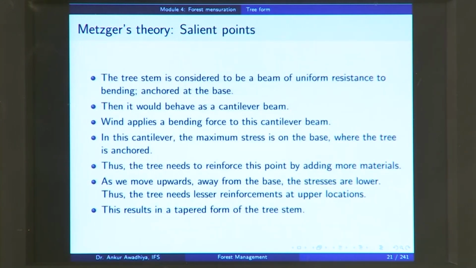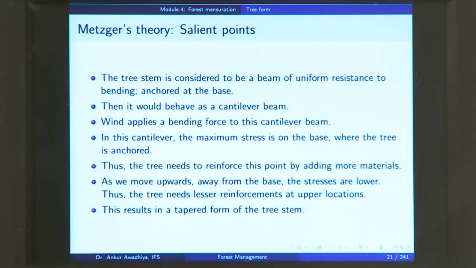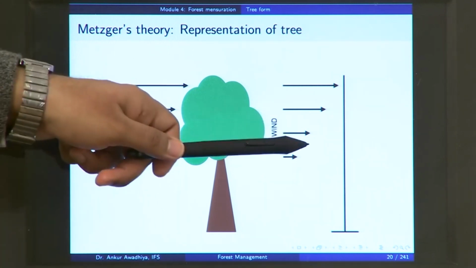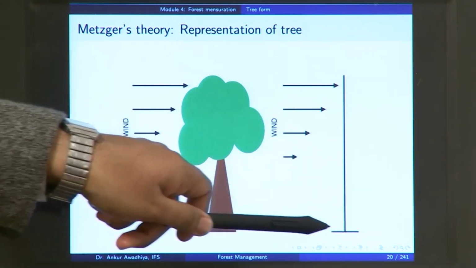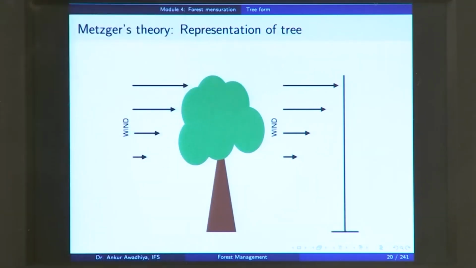And thus, the tree has a need to reinforce this point by adding more material. Because the material is uniform and you cannot change it, what you can do is put more material here at the bottom, where the stress is more, and you require less material here. So, you deposit less material on the top.